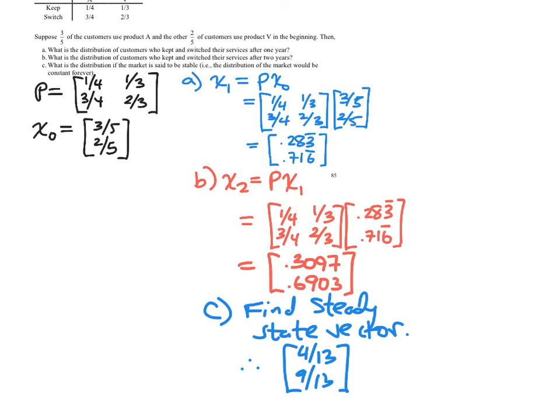I'll cut it in half for a reasonable estimate. So we're talking about 10 iterations, really, because part of the process is just storing the value. So it took really 10 years to see what the stabilized market would look like.